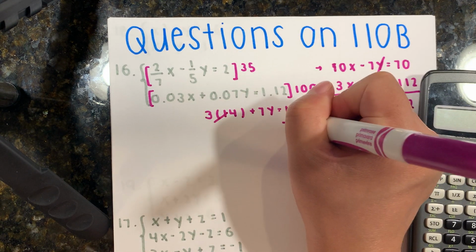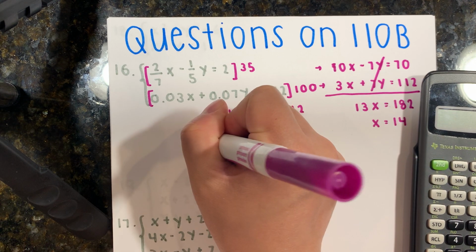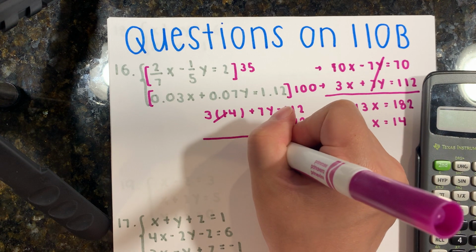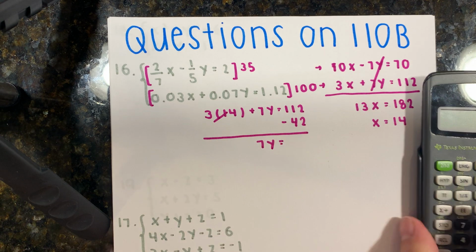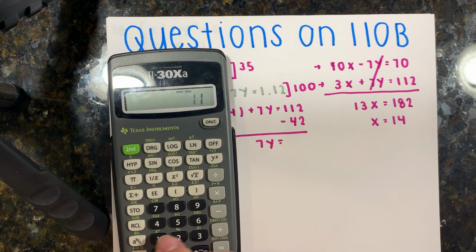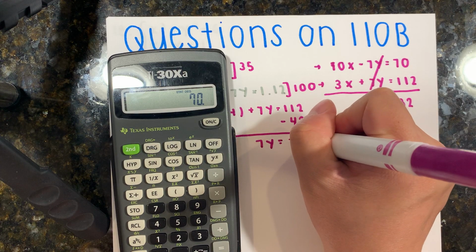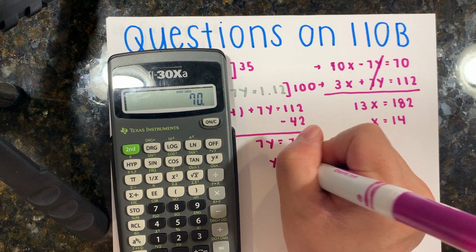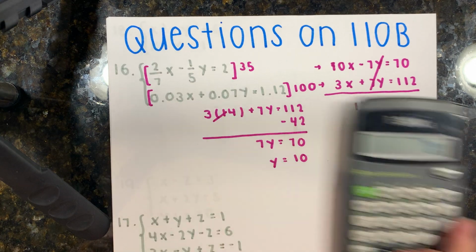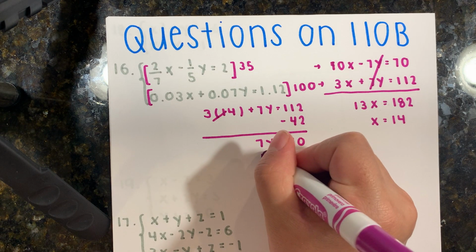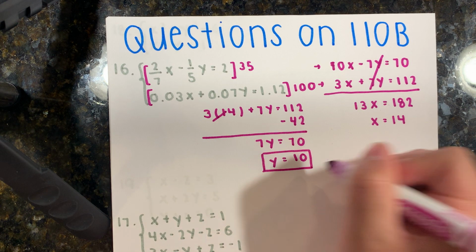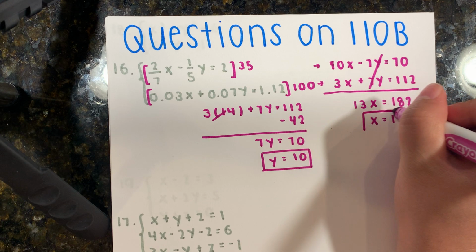So I'm going to subtract 42. So I get 7y is equal to 112 minus 42, which gives us 70. So therefore y is going to be equal to 10. So x is 14, y is 10.